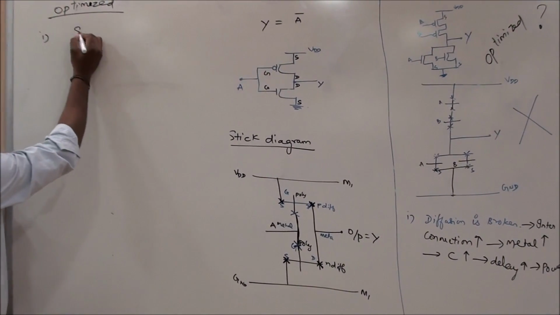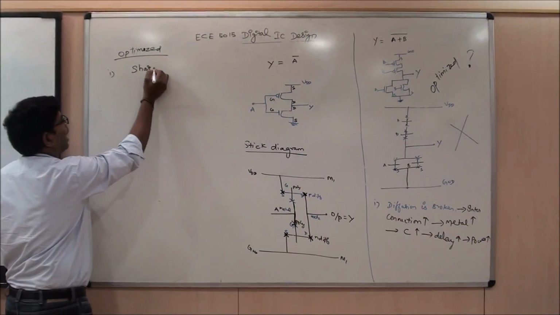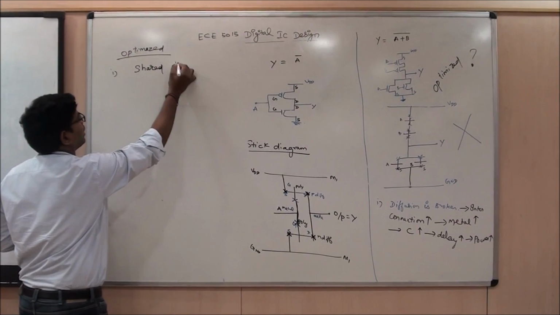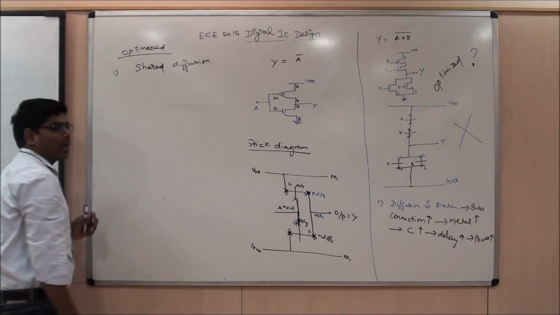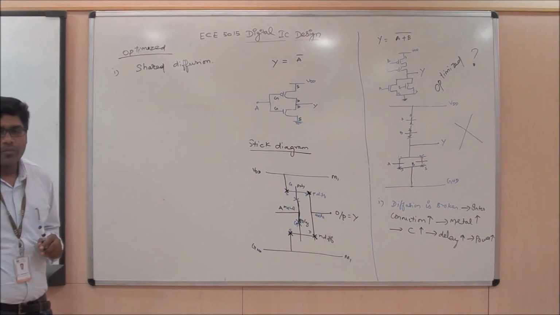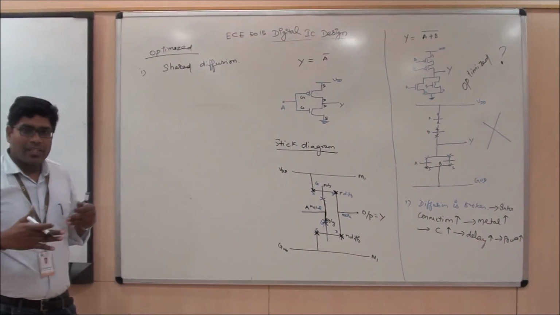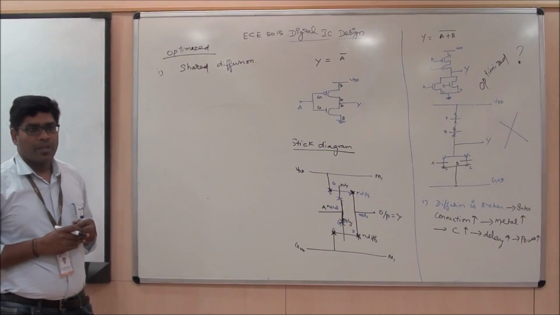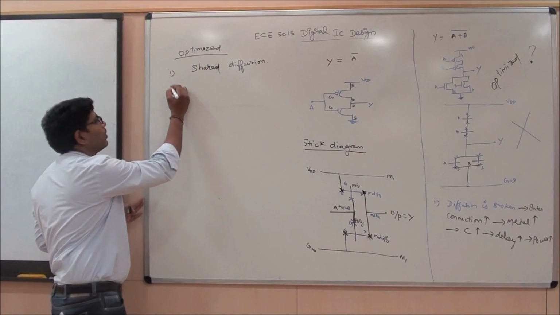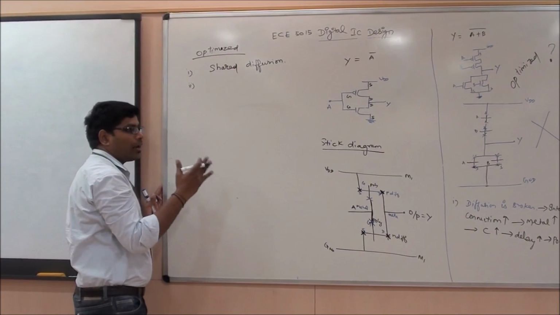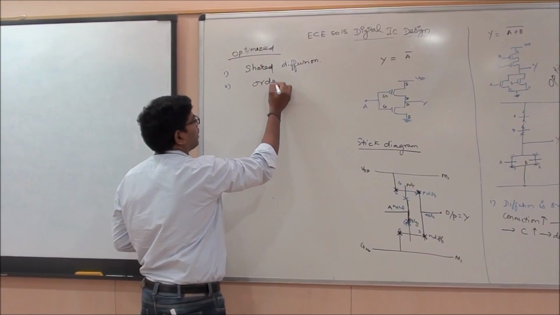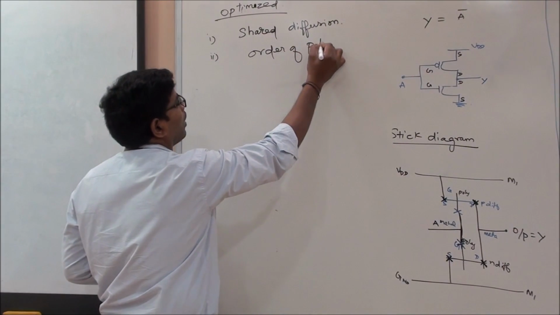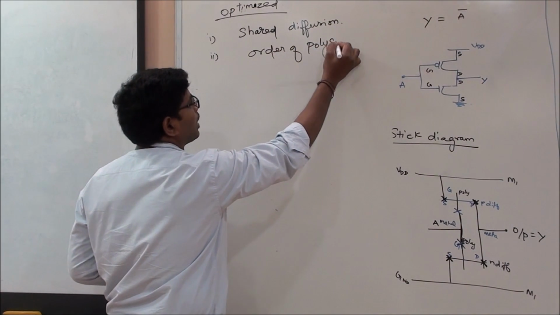Means I am supposed to have a shared diffusion in my layout. To have a shared diffusion, I am supposed to follow the order of polysilicon.